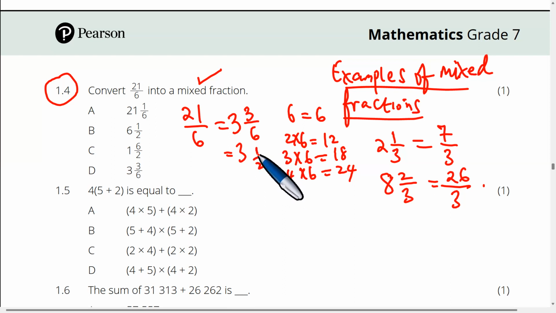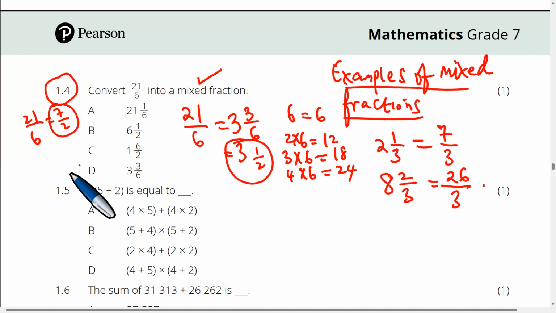It goes twice, so this is 3 and 1/2. So 21 out of 6, 3 goes into it twice. So the correct answer obviously is option D.